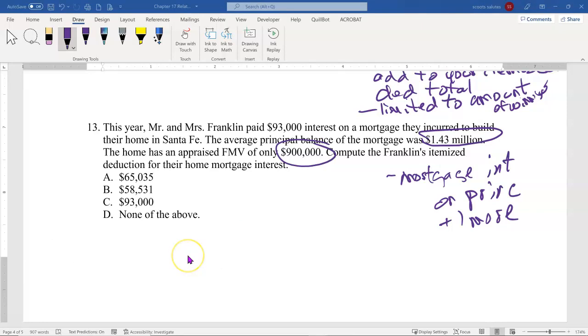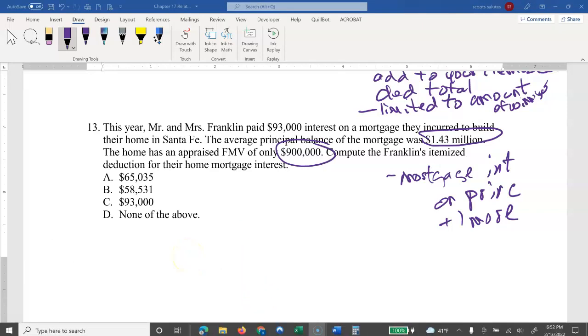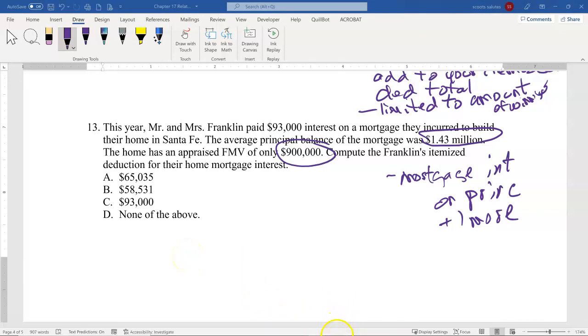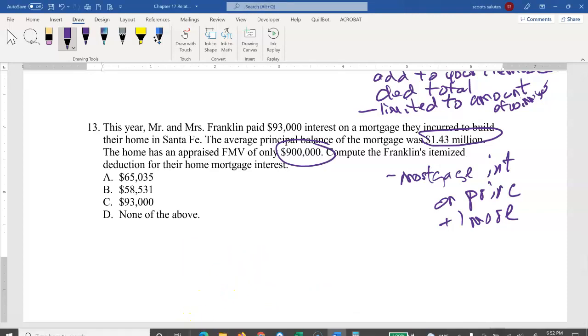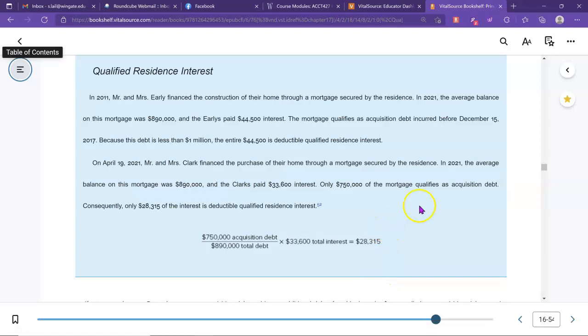So let's take a minute, because this is another thing that changed. Let's go back to our book. Here we go. We're talking about qualified residence interest.